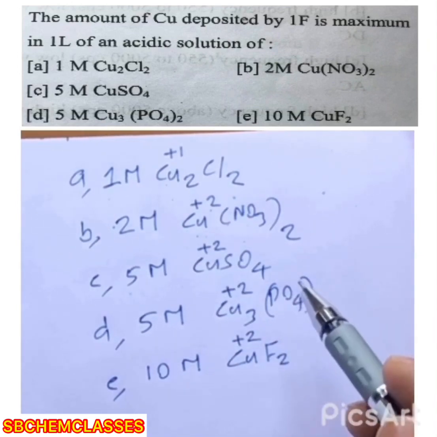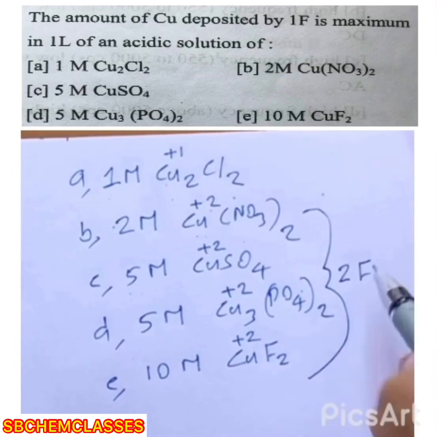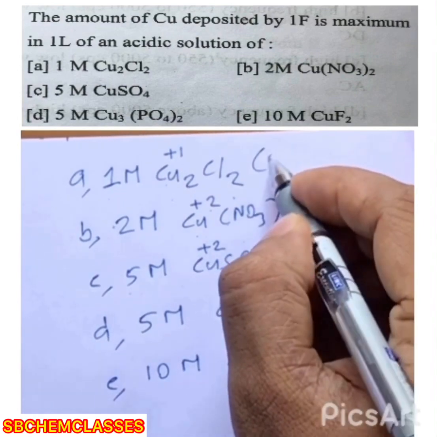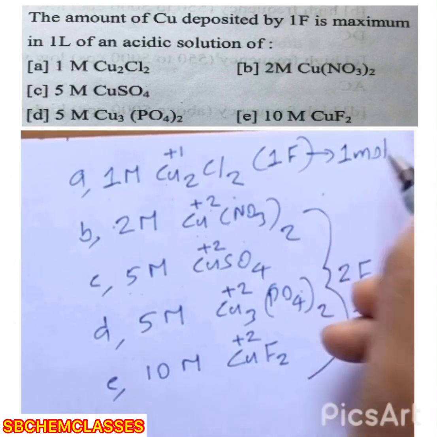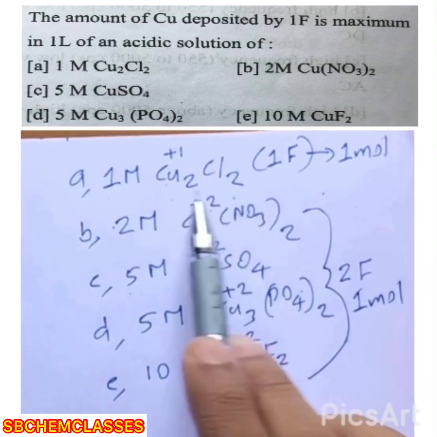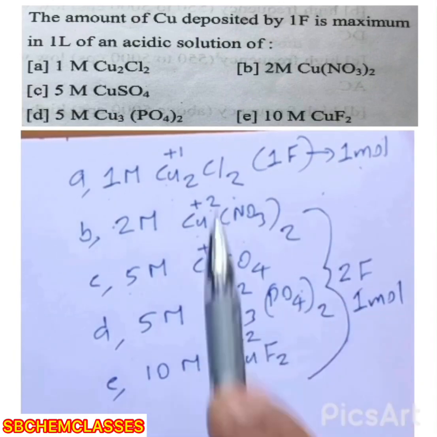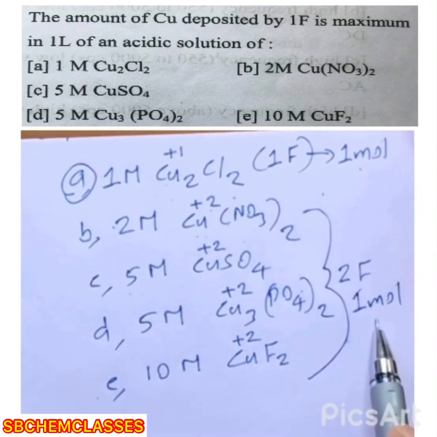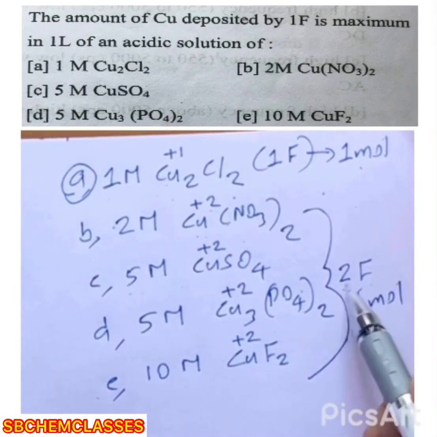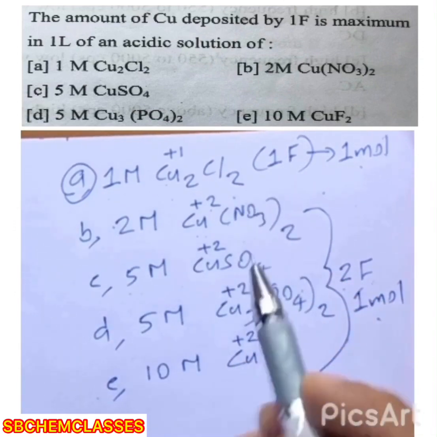By passing 2 Faraday only, 1 mole copper is formed. But in option A, by passing 1 Faraday, we will get 1 mole copper. So the amount of copper deposited is maximum by passing the same electricity in option A, because in other options, to get 1 mole copper, 2 Faraday is required, but here only 1 Faraday is required.